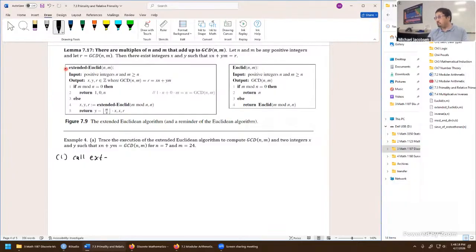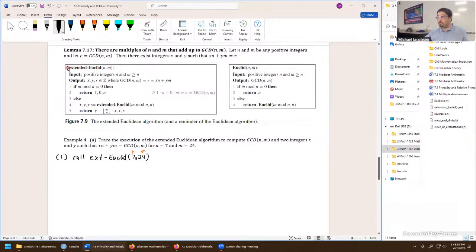Call extended Euclid, and we want to use n and m, where n is the smaller of the two, so 7 and 24. So that's the input n, the input m that goes inside.